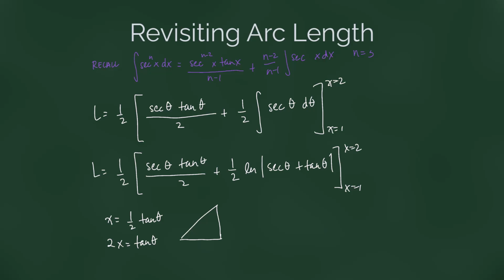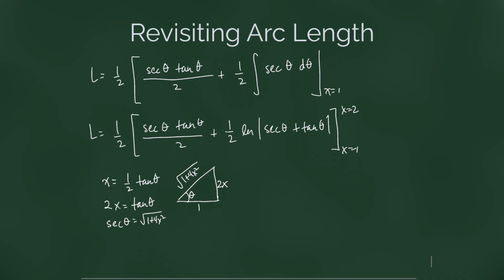If this is our angle theta, we have a 2x and a 1 there to make the tangent of theta equal to 2x, opposite over adjacent, which makes the hypotenuse the square root of 1 plus 4x squared, the actual integrand we started with. And so the secant of theta, hypotenuse over adjacent, is in fact going to be the square root of 1 plus 4x squared.